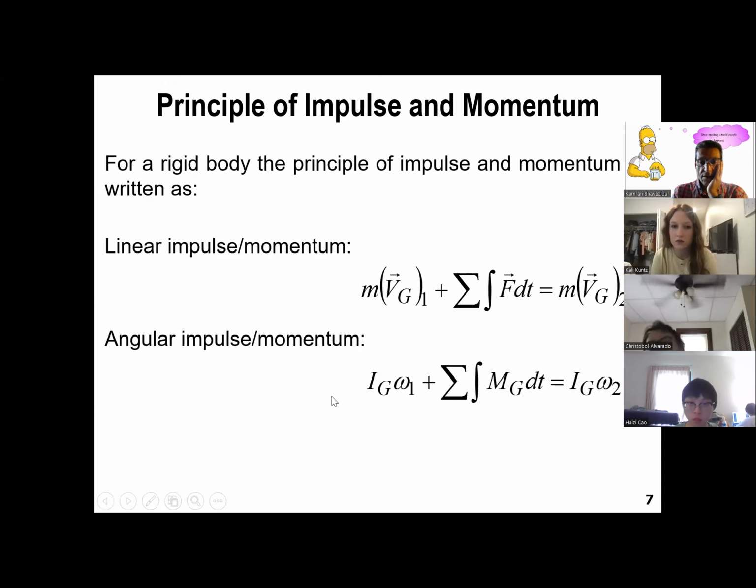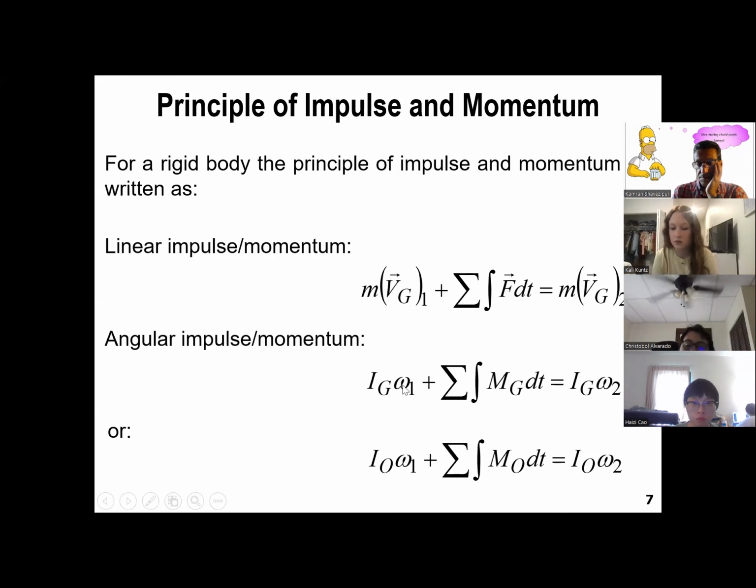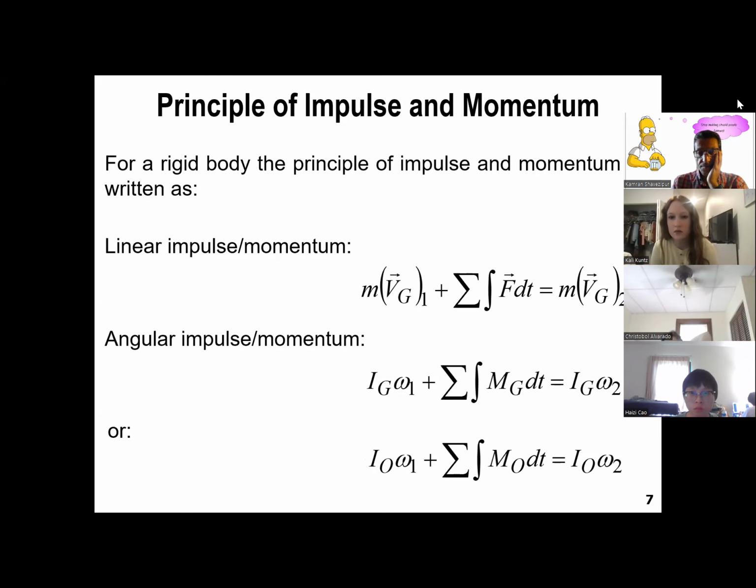And for the angular, you can write about O, you can write about G, depends on the case, right? That's how you get these equations. Any question? Are we good?